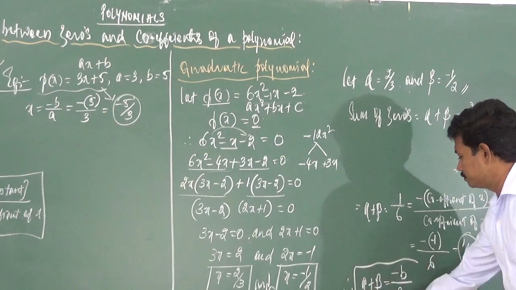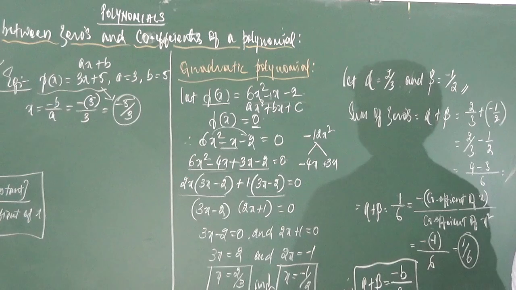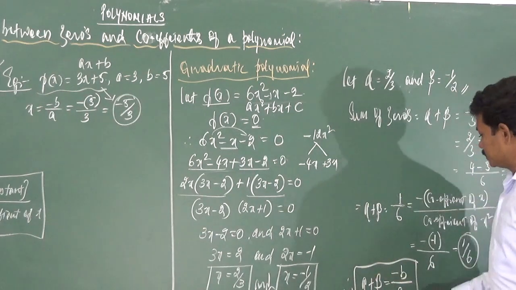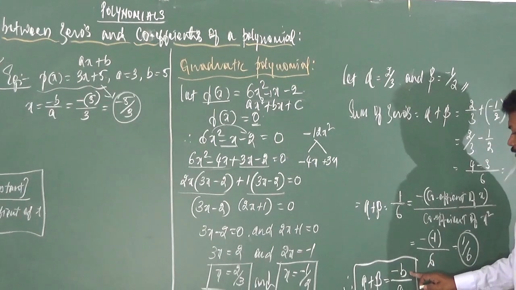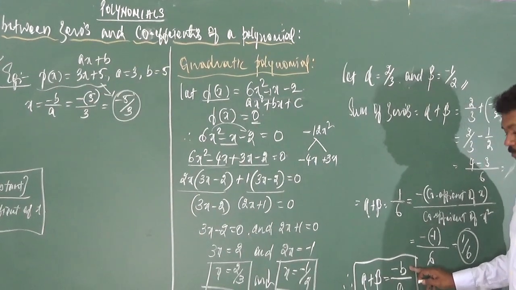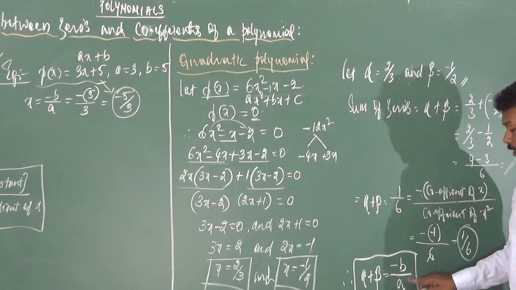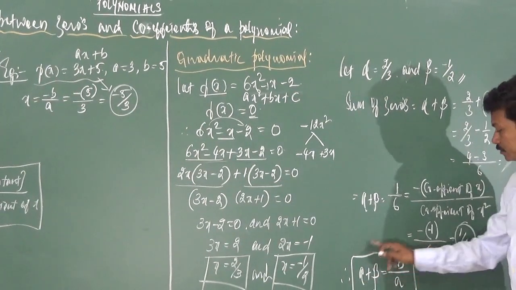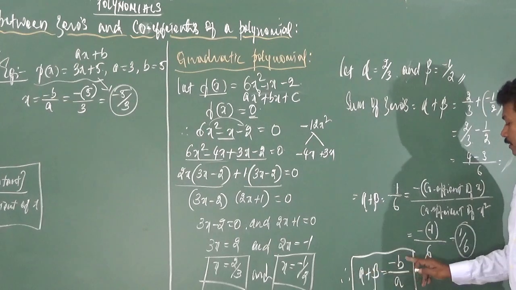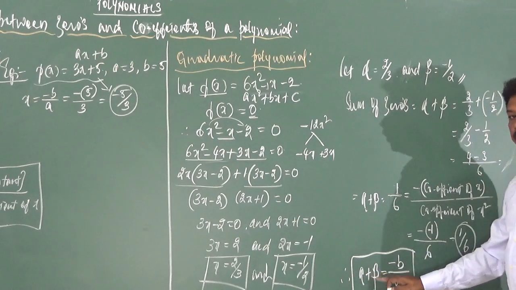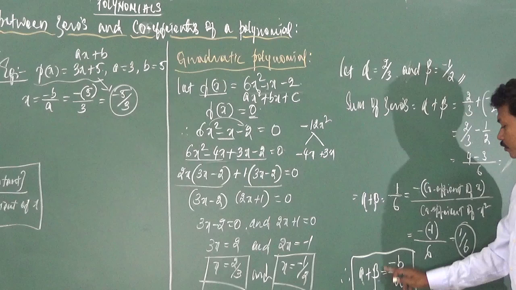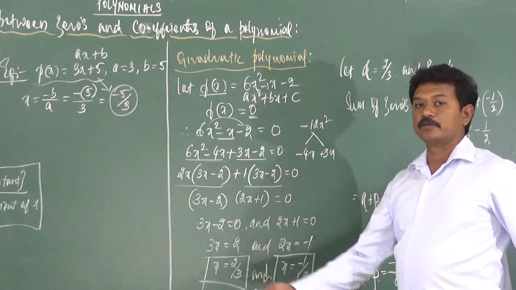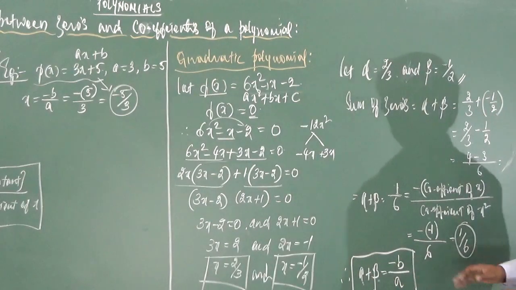So alpha plus beta is equal to minus b by a. So this is the relation: if you take the negative of the coefficient of x divided by the coefficient of x square, directly you are going to get the sum of the zeros. This is what we call the relation between the zeros and the coefficients of the polynomial. So let us go with the product of the zeros.